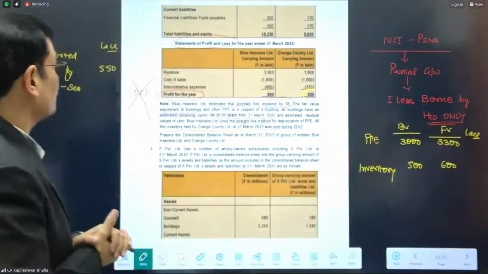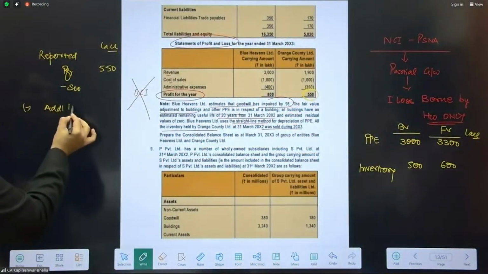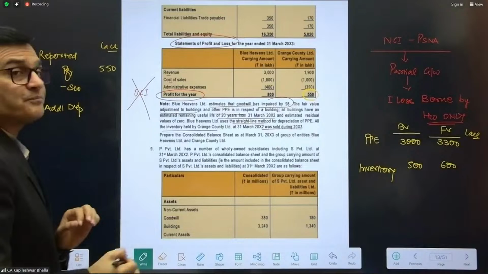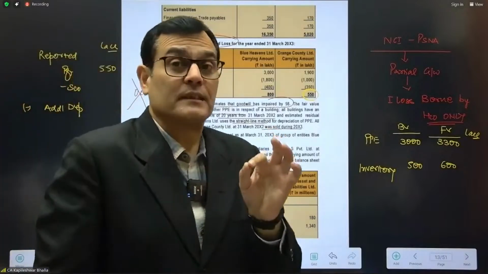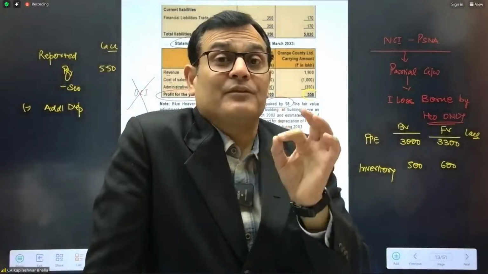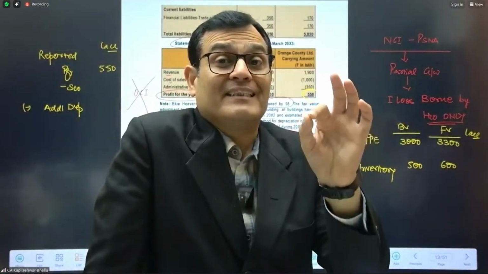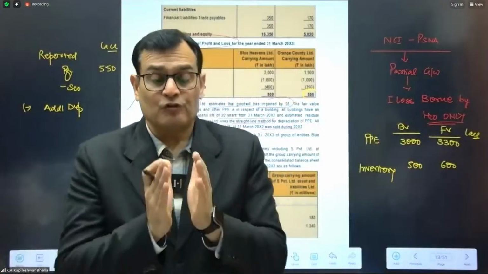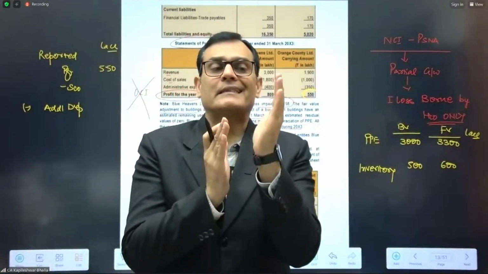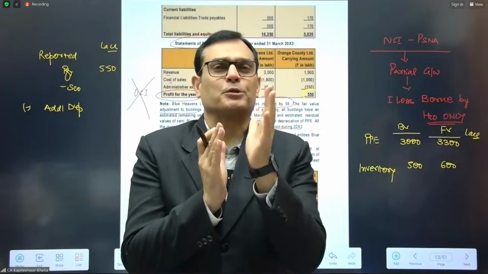So first of all, we are going to make a reduction on account of additional depreciation. To remind you, my focus is to calculate the NCI share in the rectified profits of the subsidiary for the consolidated income statement. The standalone P&L of the subsidiary does not consider additional depreciation.